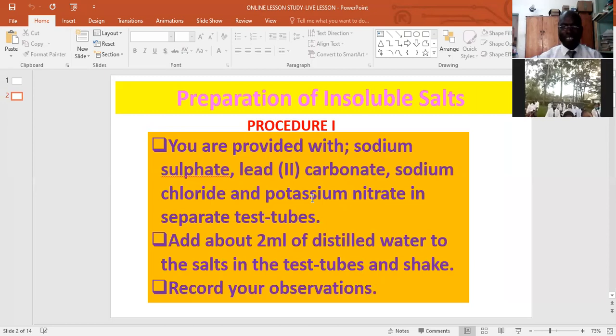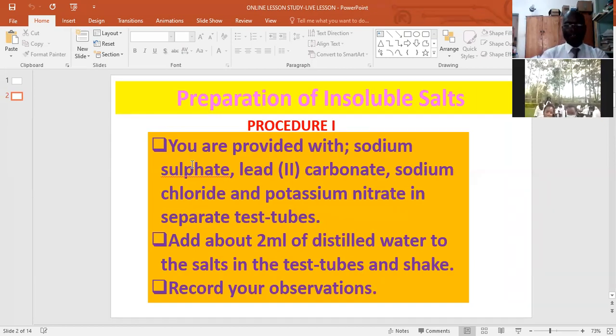So I want to ask one of the group members, Caroline, can you read for us what is highlighted under the procedure, please? Caroline. You are provided with sodium sulfate, lead 2 carbonate, sodium chloride, and potassium nitrate in separate test tubes.